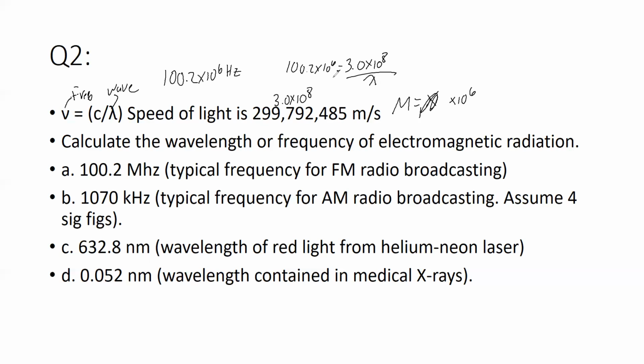So there are different ways to solve this. Probably the easiest to do on a calculator is just multiply each side by the wavelength. So you get 100.2 times 10 to the 6 lambda equals 3.0 times 10 to the 8. Divide each side by 100.2 times 10 to the 6.